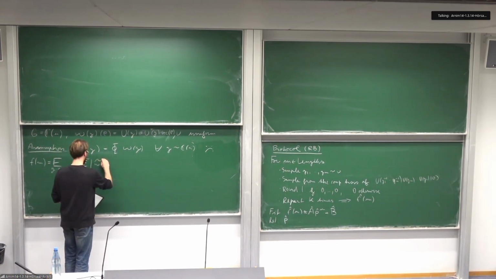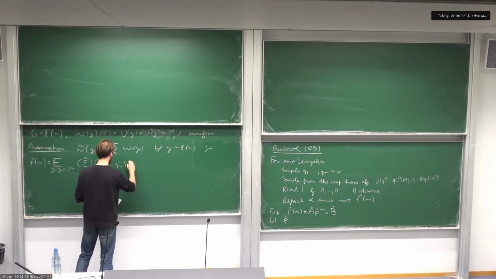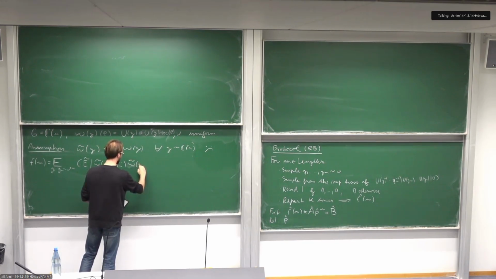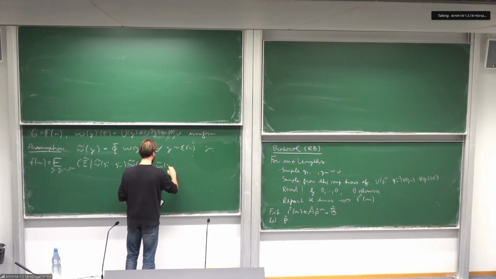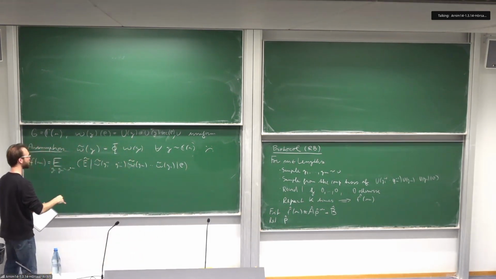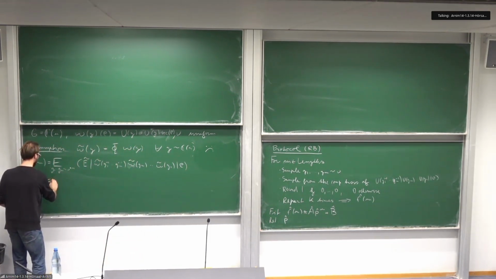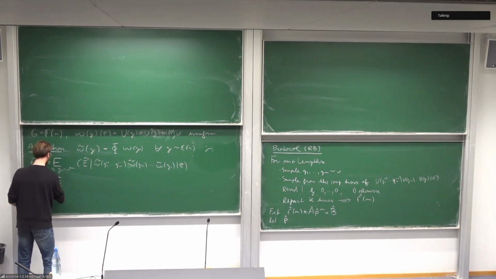Then I have omega tilde of G1 inverse, inverse u of omega tilde of gm, omega tilde of g1, and I'm still taking the vectorized form. Okay, now what's this?